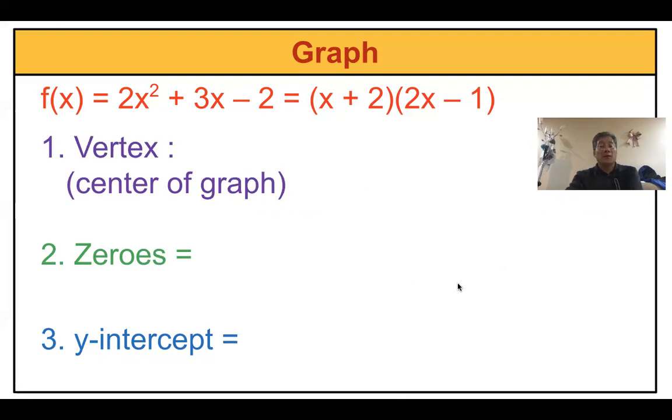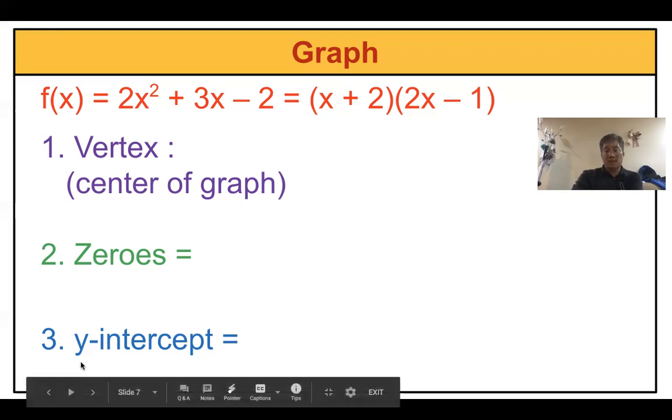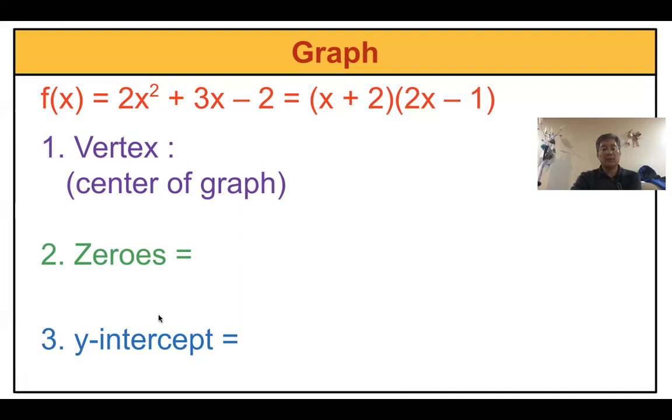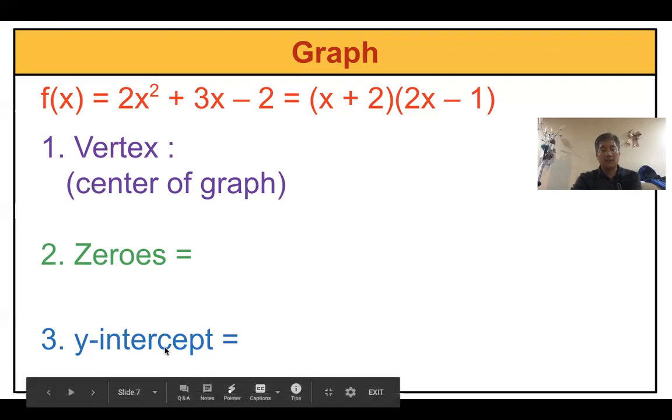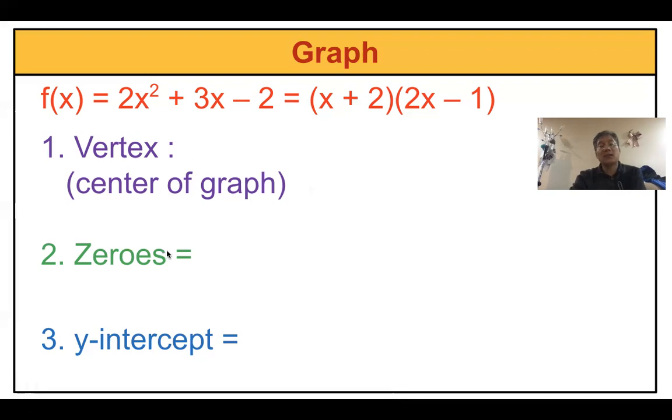So when you draw the graph, you need to show at least these three elements: vertex, zeros, y-intercept. We are going to learn how to find the vertex and how to find the zeros, and the y-intercept you already know, right? By using the calculator it is very easy. You are not going to calculate anything today. You are going to use a calculator only.